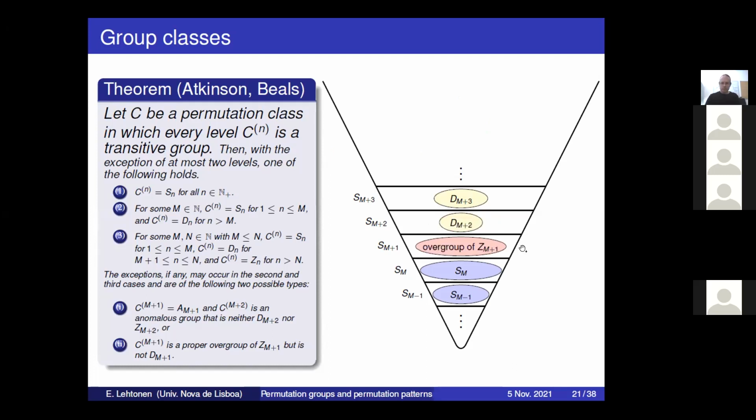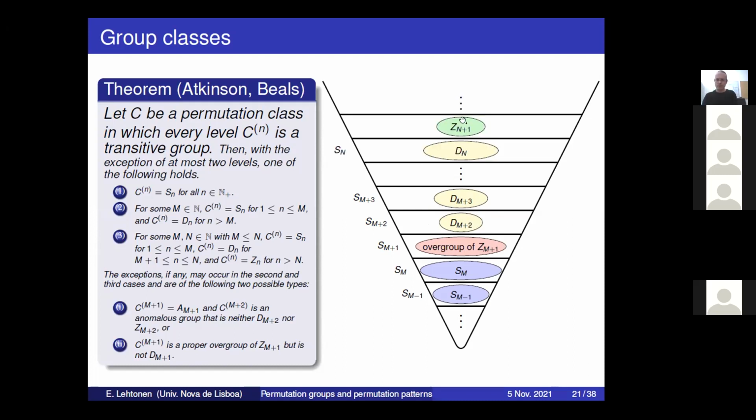And here's another possibility. We have the symmetric groups, then we have some overgroup, the proper overgroup of the natural cyclic group, followed by natural dihedral groups, followed possibly by natural cyclic groups.